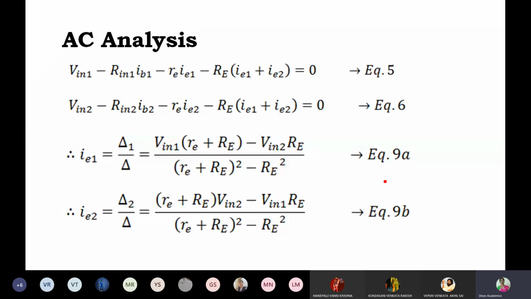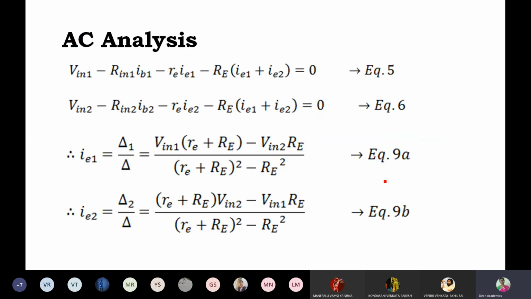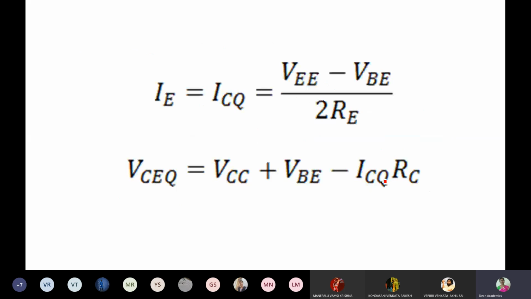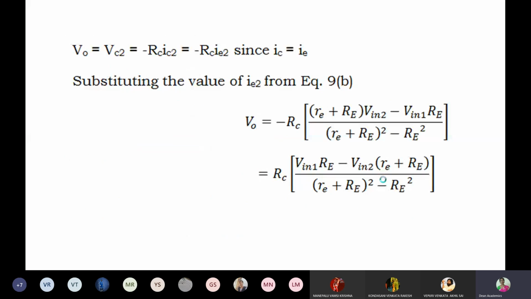Then I also have mentioned AC analysis, that is the equivalent circuit, how we draw, and after that how we carry out AC analysis, KVL for loop 1 and loop 2, and similarly IE1 and IE2, right?